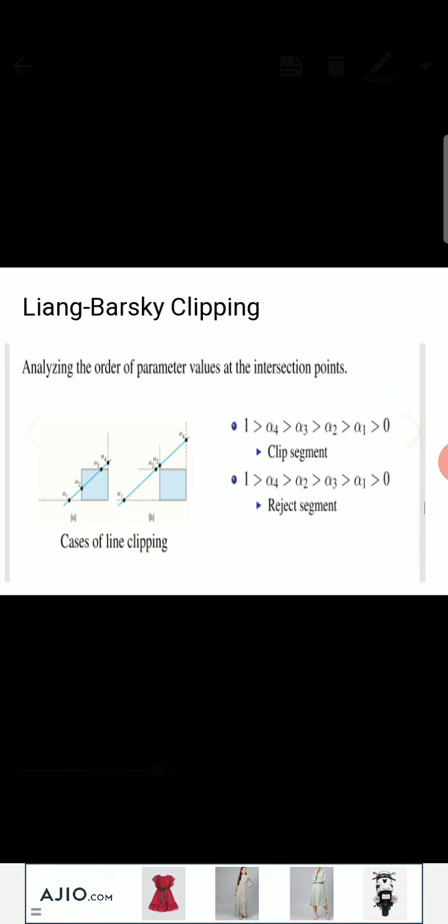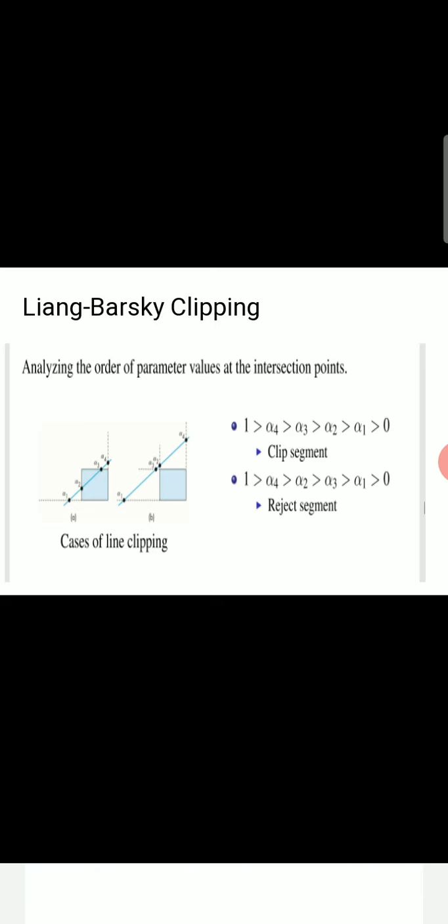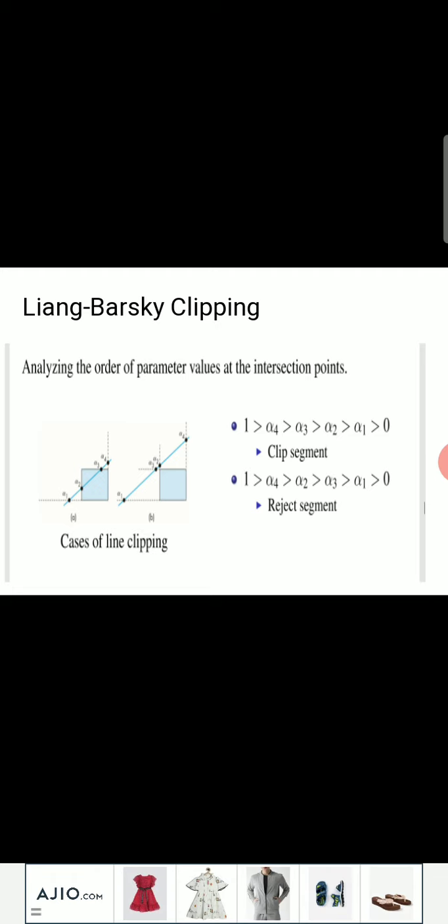Once we calculate all these 4 alpha values, we need to analyze the order of the parameters. If the order is in the first form, that is, 1 is greater than alpha 4, alpha 4 is greater than alpha 3, alpha 3 is greater than alpha 2, alpha 2 is greater than alpha 1, and alpha 1 is greater than 0, then the line segment has to be clipped.